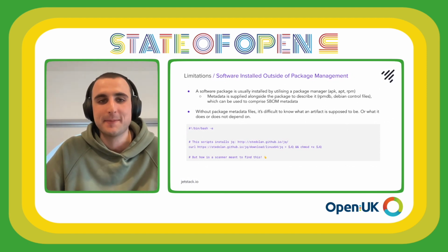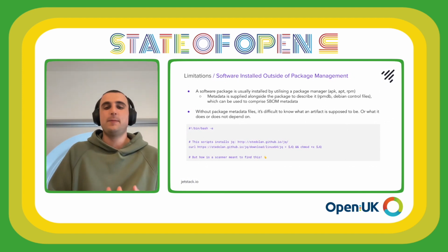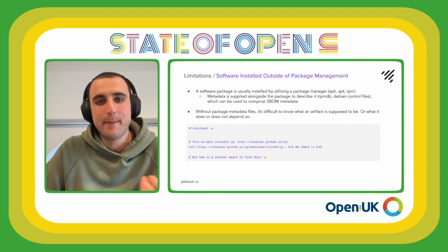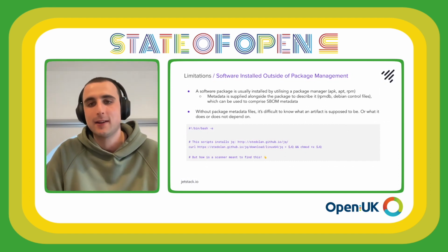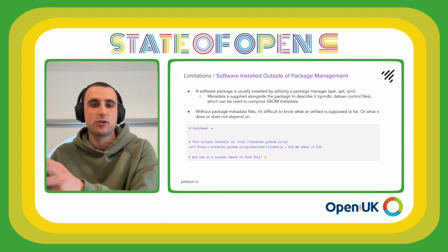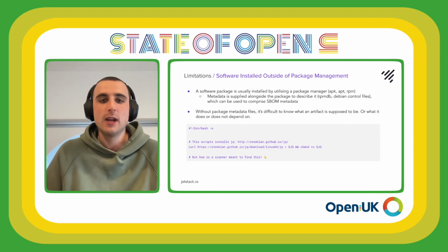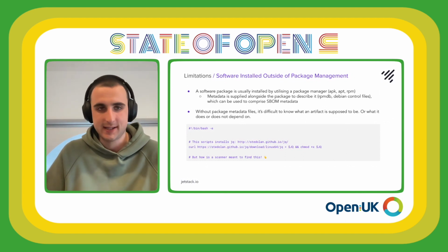Because those package managers need to keep track of whatever it is they're bringing into the file system to be used by the user or the machine identity, that metadata is supplied alongside the package to describe it so it can keep inventory, and then the package manager keeps an inventory of what it's installed. So in that case, we're pretty good to go with the scanners.